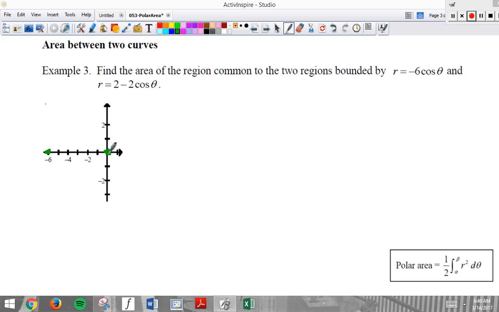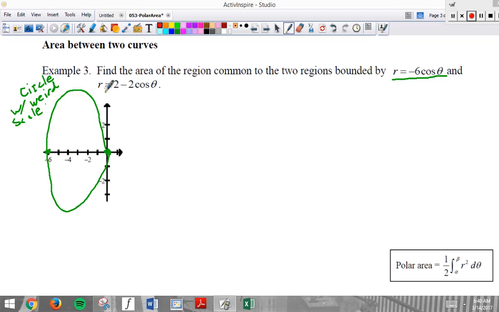I'm not going to just misdraw it, although I'm sure this drawing is not really perfect. That's supposed to be a circle with weird scale. Okay? That's this guy. And again, this guy over here is a limaçon.